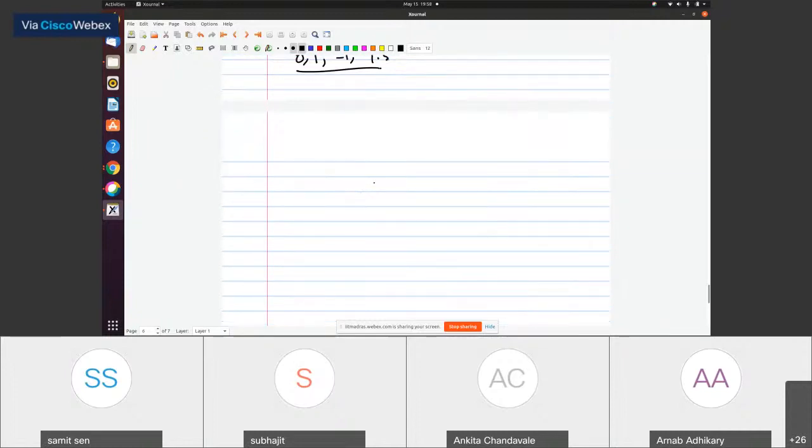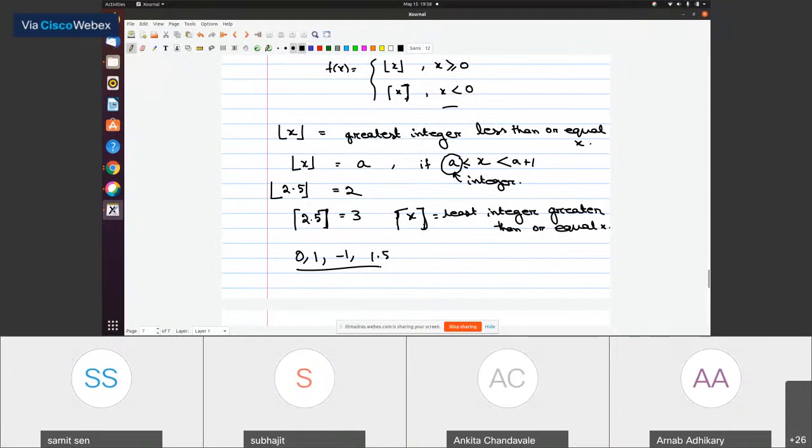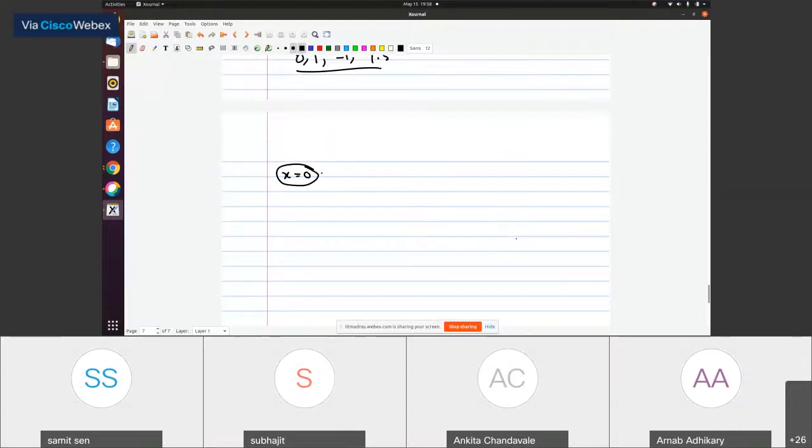At first, for x equal to 0, can you say what is the value of this function at x equal to 0? 0, sir. Yeah, exactly. This is floor of x when x is greater than or equal to 0, and ceiling of x when x is less than 0.